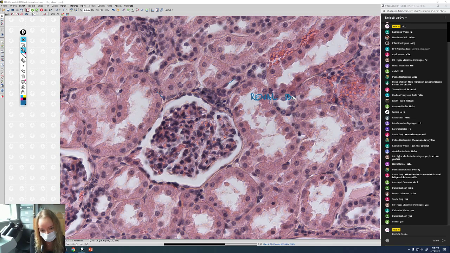The renal body is composed of two parts. The first part is a structure called glomerulus. Glomerulus is a net of capillaries. So glomerulus is made of capillaries. It looks like this. This is a very nice picture. So this is the glomerulus. So some arteries, we cannot really see the arteries here, but the afferent artery.